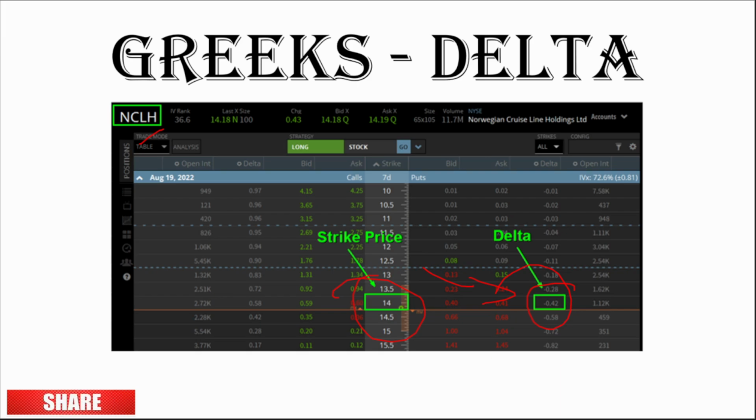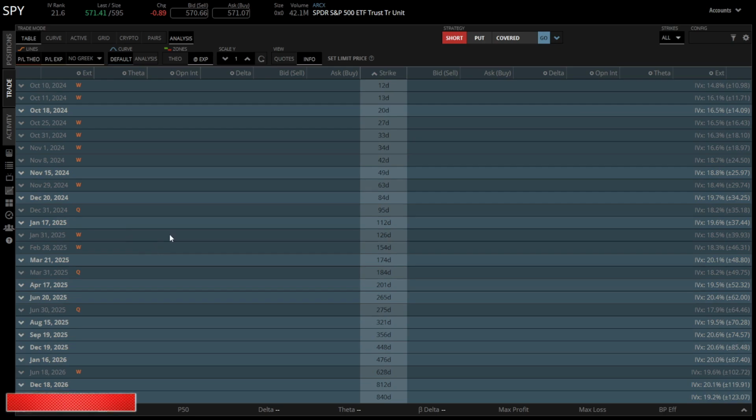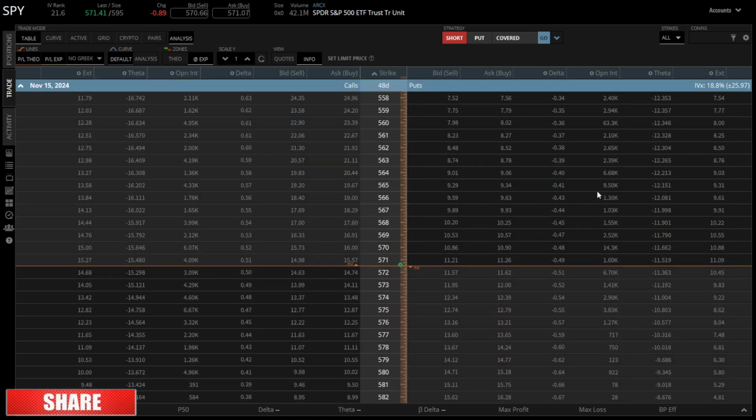Let's go back to the TastyWorks platform so I can show you a live example of deltas. Okay, so let's say, for example, we're going to pick a strike price here with a DTE of 49 days to expiration. If you open the option chain here, say we are bullish or mildly bearish, or you think that the stock is going to trade sideways, we're going to come all the way down here and sell, let's say, a 37 delta.